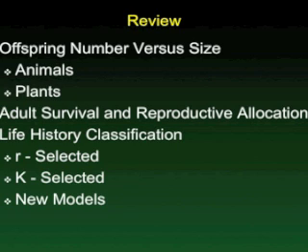Here we focused on the r-selected versus K-selected model and talked quite a bit about that, and also mentioned some of the new models that have been developed in order to classify life histories, particularly the model that we talked about with regard to ruderal, stress tolerant and competitive species in plants.